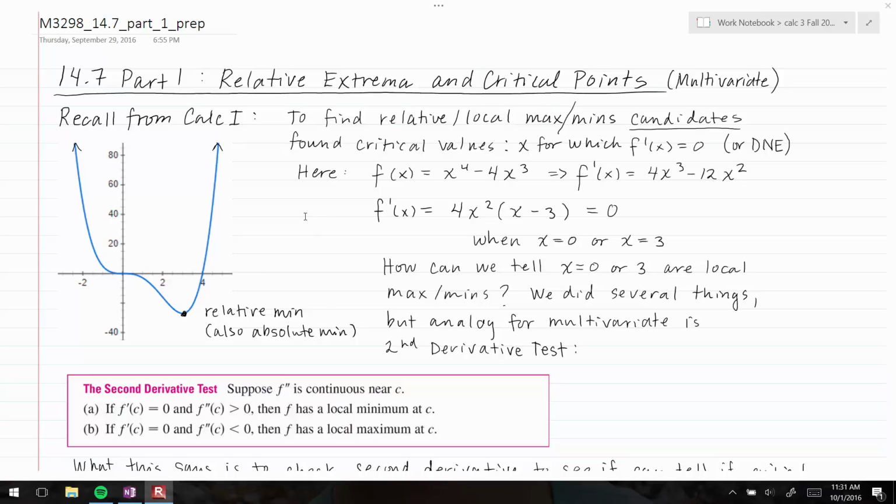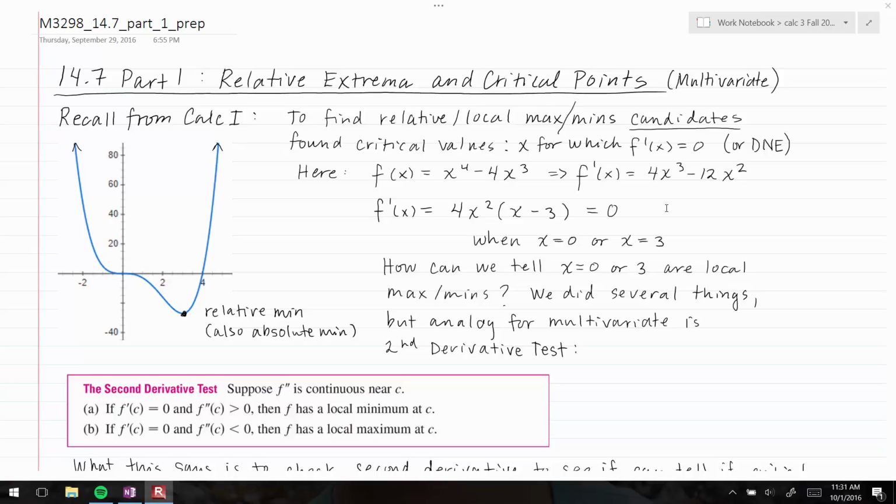One of the things we did when we didn't have the graph is we found things called critical values. These were candidates for the local or relative maxes and mins, but it's not a guarantee that there's a max or min there. It was a good way to get candidates, because there is a theorem that says every single relative max or min is also a critical point.